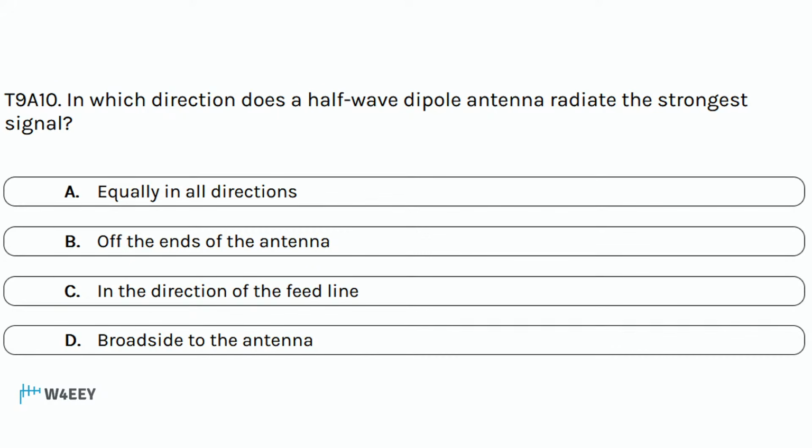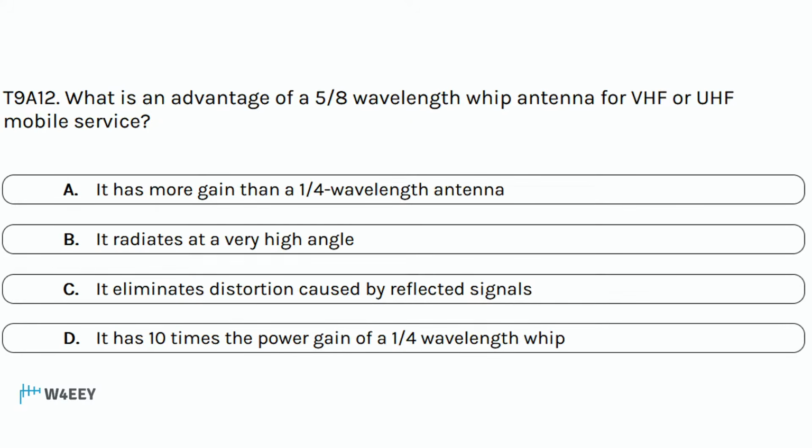Delta. Broadside to a dipole, broadside to the antenna. And what is an advantage of a 5/8 wave whip antenna for VHF and UHF mobile service? Alpha. Yeah, it has more gain than a quarter wavelength antenna.